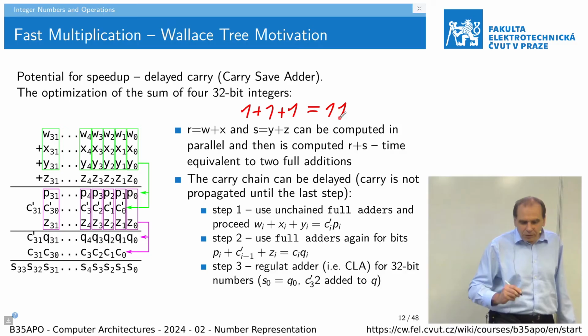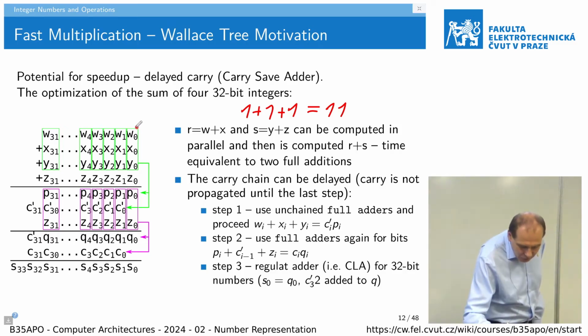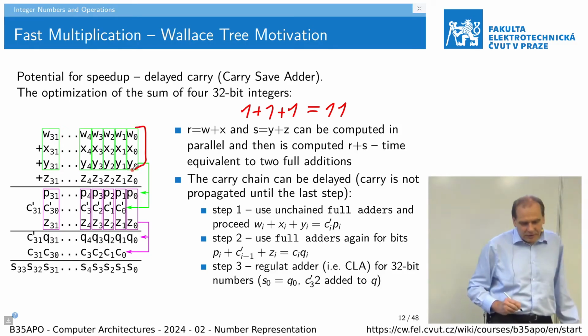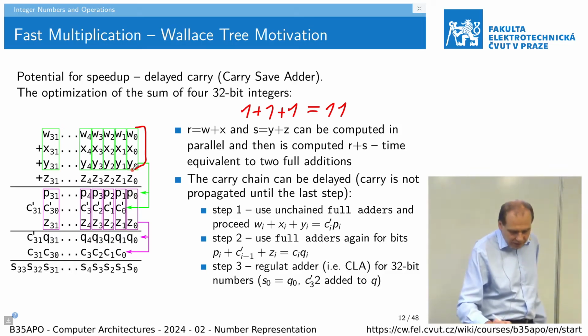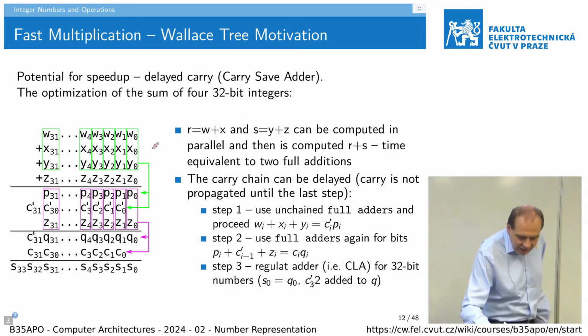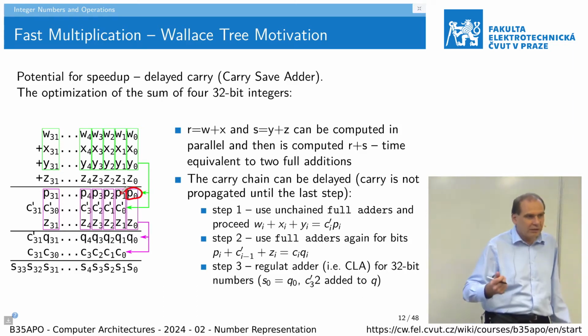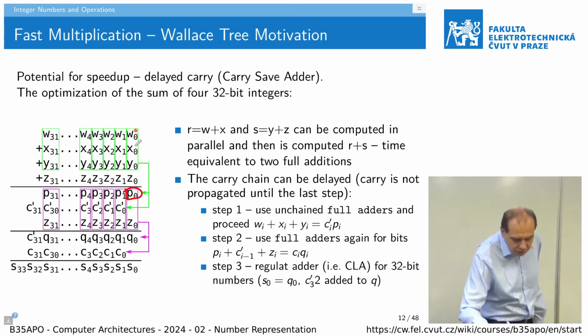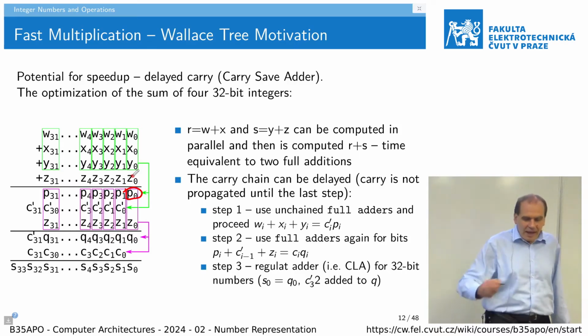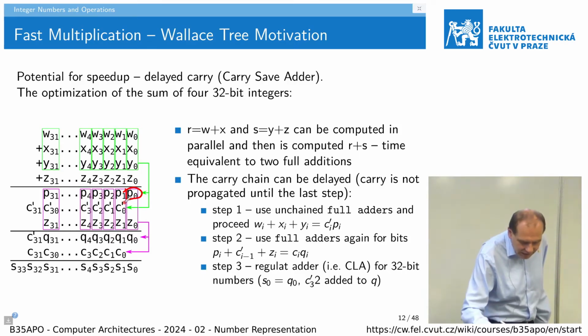So 1 plus 1 plus 1 is at most equal to 1, 1. So if we look at the problem and we try to add 3 numbers, then we can get a result bit, which is equivalent to the propagate because it is the exclusive OR of those 3. And then we get a generate, which is equivalent to the carry.